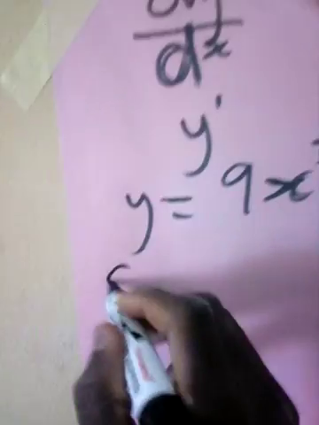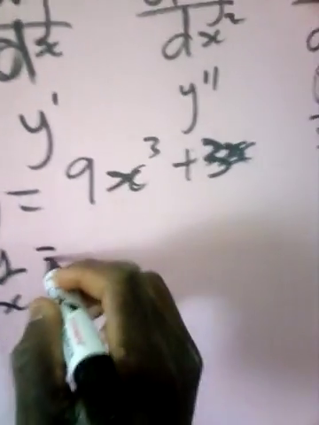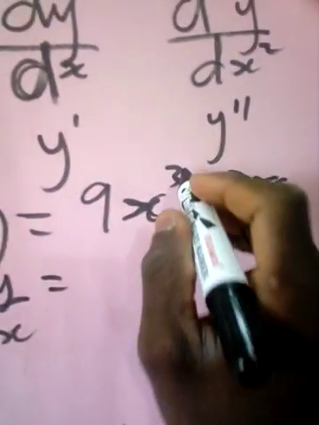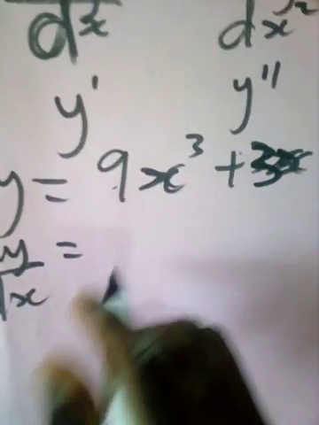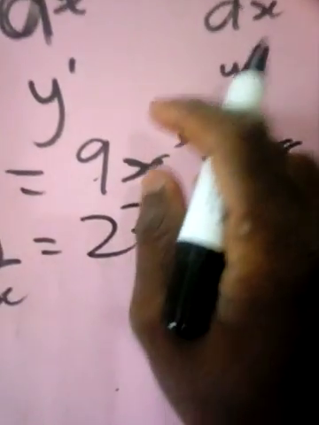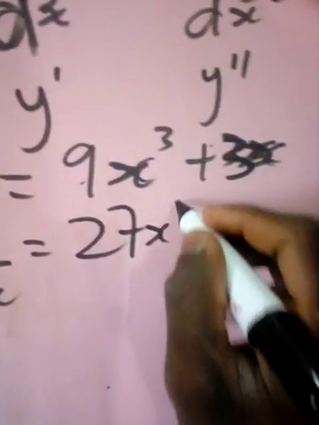So this gives me dy/dx equal to, if I differentiate the first term, the power 3 comes down, 3 times 9 is 27, x with the power going down by 1, 3 minus 1.